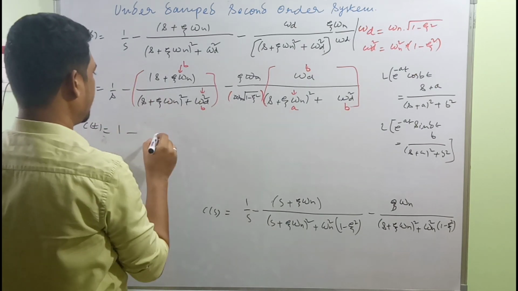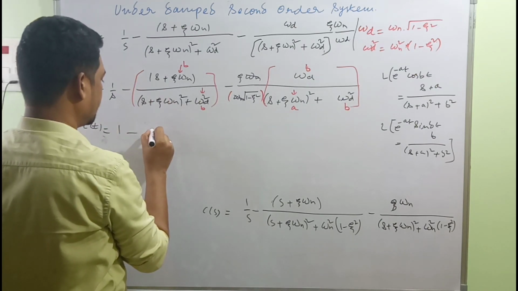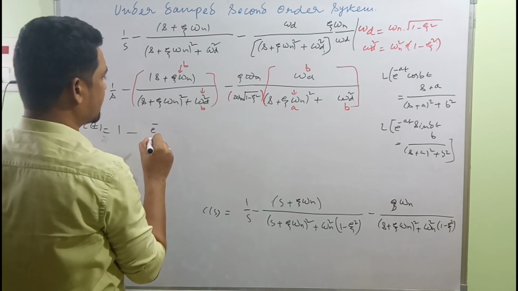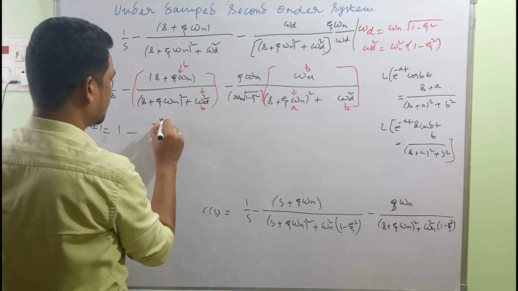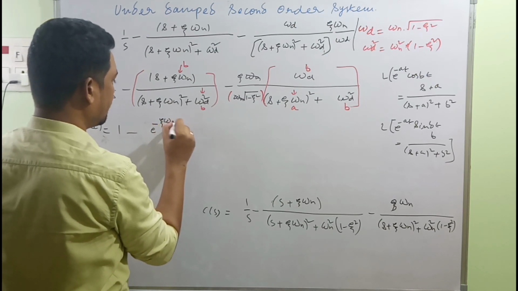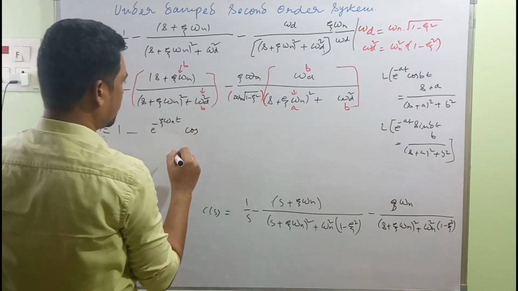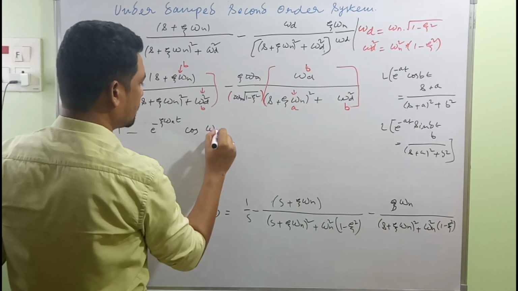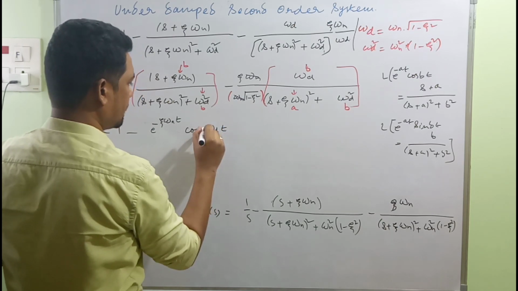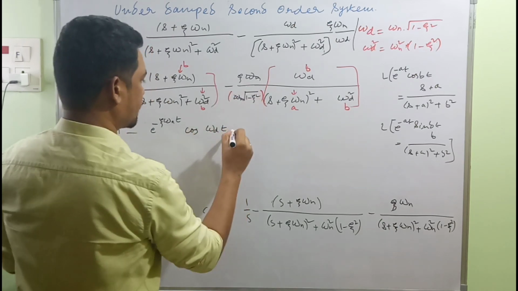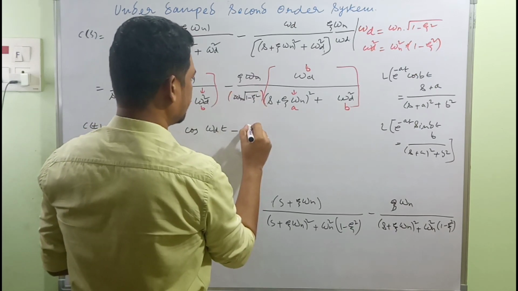And here this could be reduced to minus of e raised to minus zeta omega n t, multiplied with cos omega d t, right? This is our b.